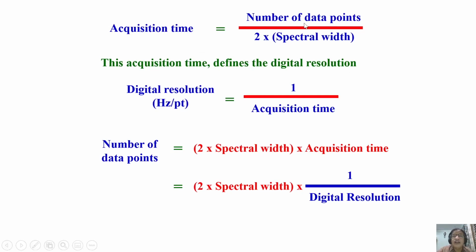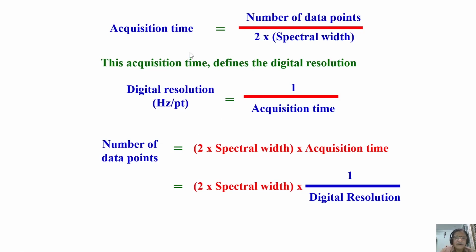If you take a large spectral width, your acquisition time is very short. Then you may truncate the FID. You will not be collecting the FID for as long as required. So we have to decide on this parameter. You have to optimize it. And the acquisition time is the one which decides digital resolution. That is called hertz per point.